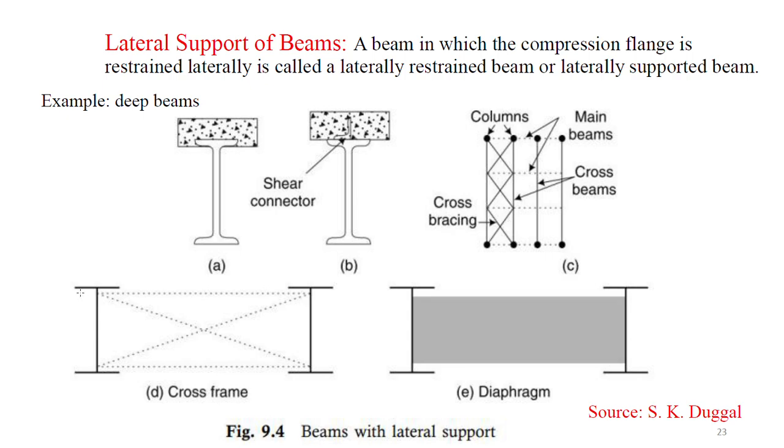You can see here this buckling will be overcome by this action, and here this buckling will be overcome by this particular bracing member. Okay, by providing solid material also we can provide lateral support. These are called diaphragms, and here we can provide lateral support of the beam in this case also.